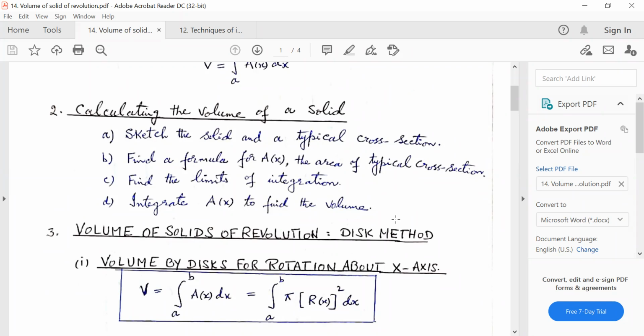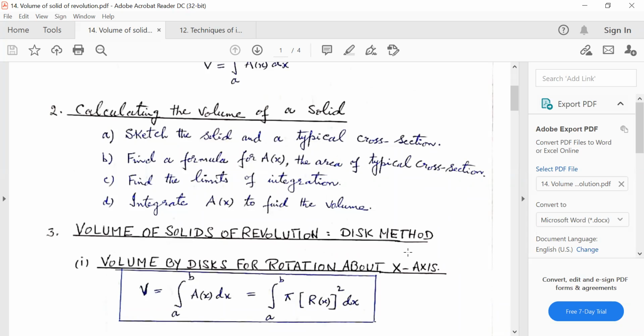The one method which is very important is the disk method. I told you, the volume of the solid of revolution by disk method. So some curve will be above the x-axis. The limits will be there, say x equal to a to x equal to b. These are the vertical lines which are parallel to the y-axis.